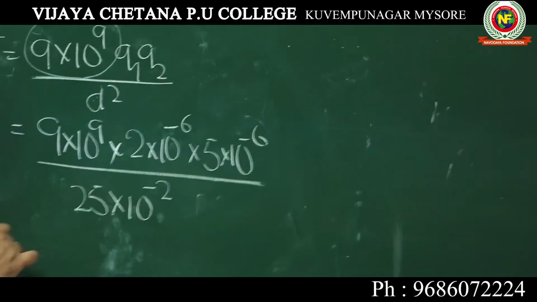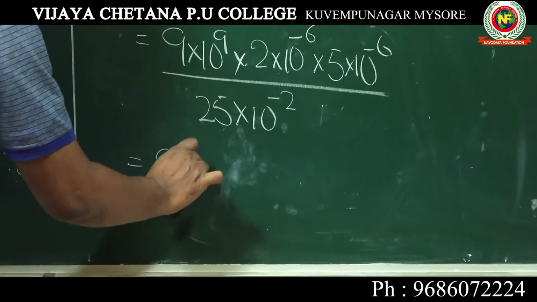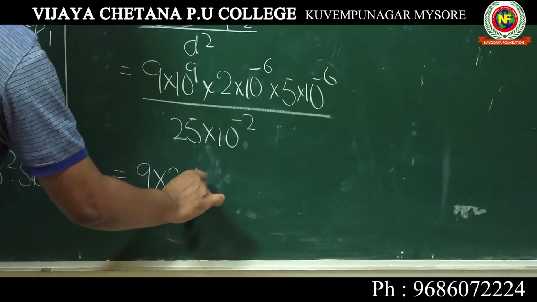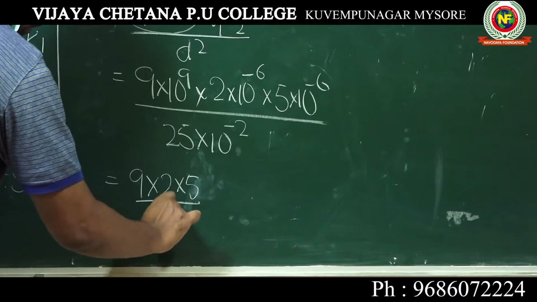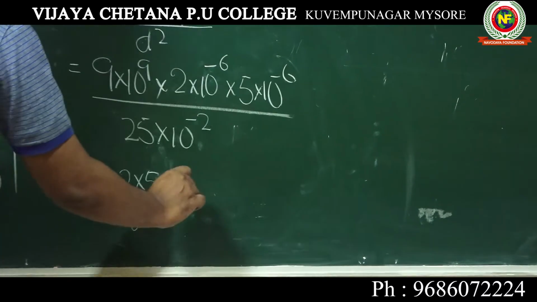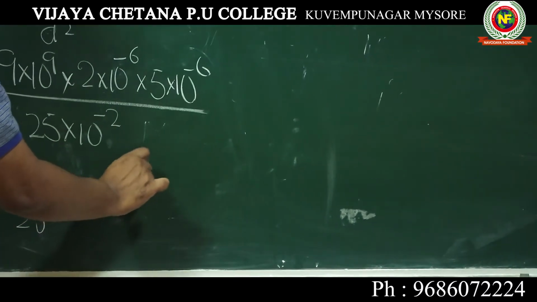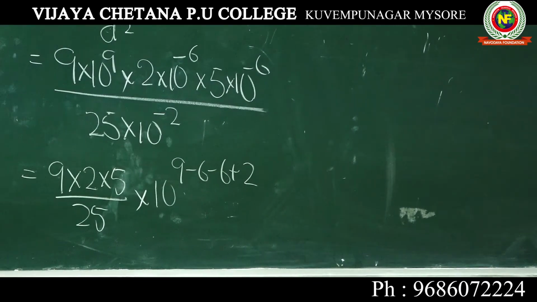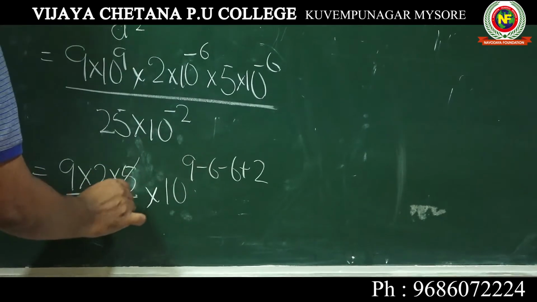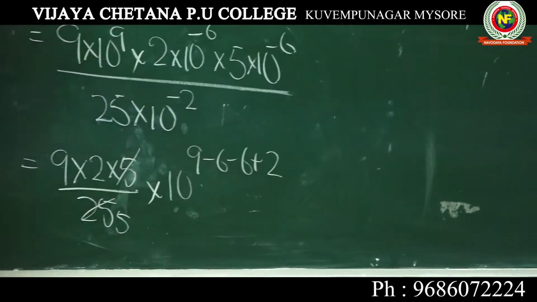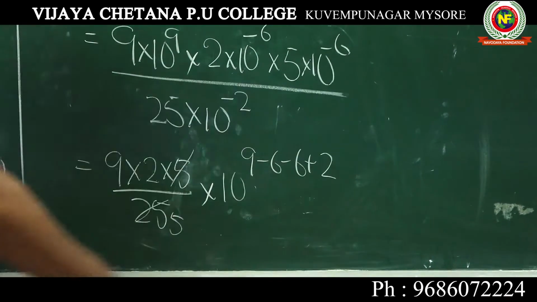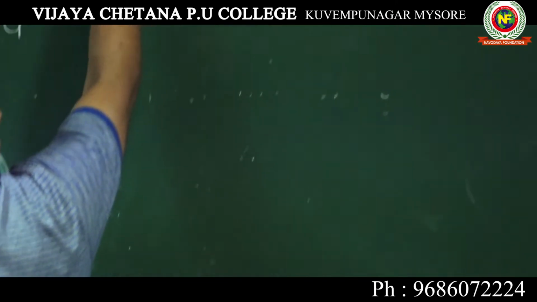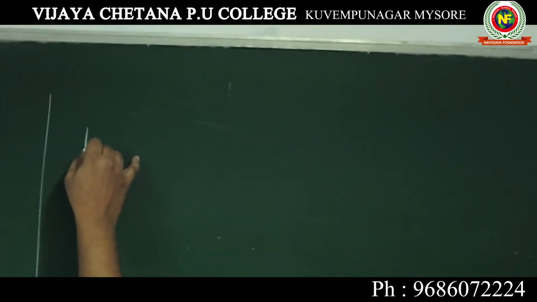Now you must simplify this part. 9 into 2 into 5 divided by 25 multiplied by 10 to the power of 9 minus 6 minus 6 plus 2. Understandable? So this is 5 ones are 5, 5 nines are 45, 2 fives are 10, 18 by 5. I am writing it here, 18 by 5.